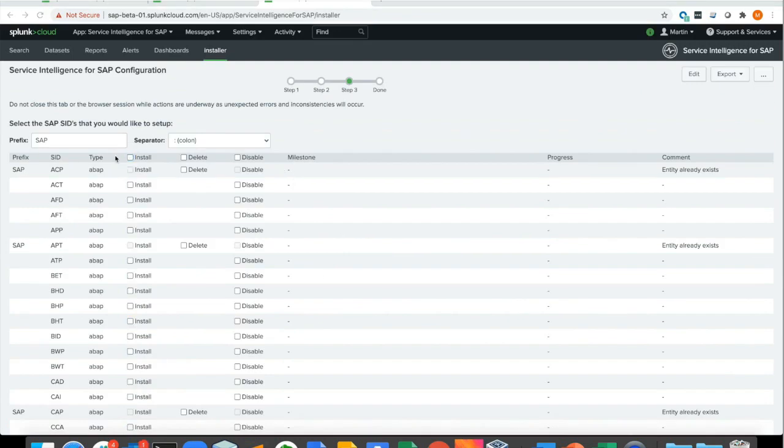The installer tells us which instances have been installed, which instances are available for installation, and allows us to build the services out with a particular prefix. Now what we are going to do is install the APP ABAP instance.